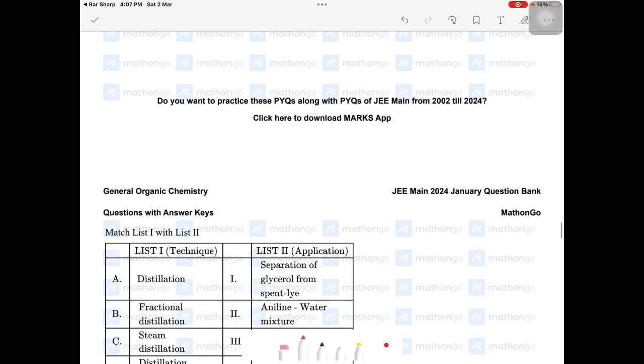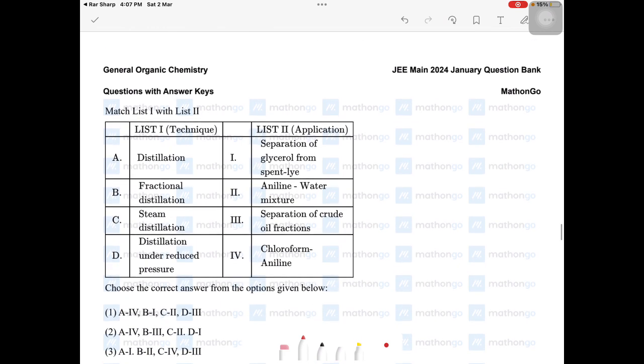Distillation for chloroform and aniline. Next, fractional distillation for separation of crude fractions. Steam distillation, aniline and water. Distillation under reduced pressure, separation of glycerol from aniline. Now A 4, B 3, C 2, D 1.